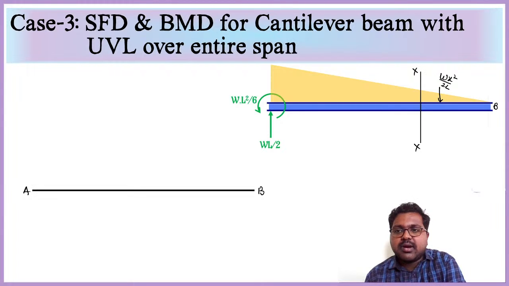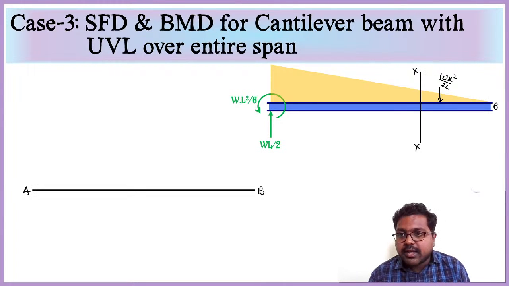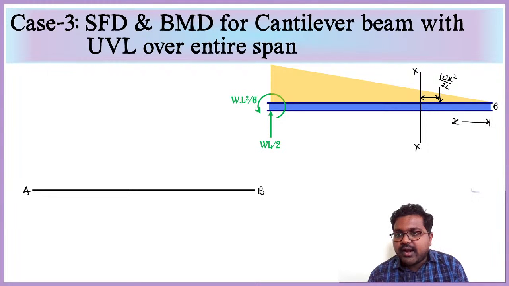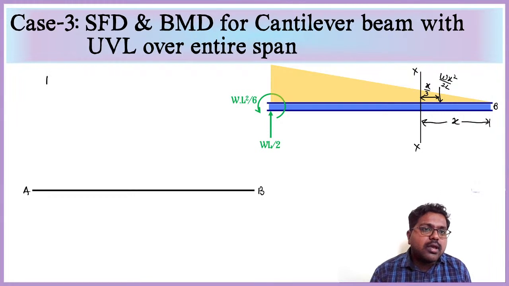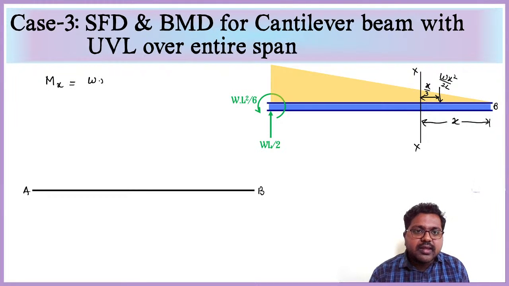That is nothing but the total area we got here, Wx square by 2L, and it is acting at a distance of, since it is X, centroidal distance is 1/3 of X. So it will act at a distance of X by 3. So now Mx, moment at section XX, will be equal to load, that is Wx square by 2L, into lever arm distance, that is X by 3.